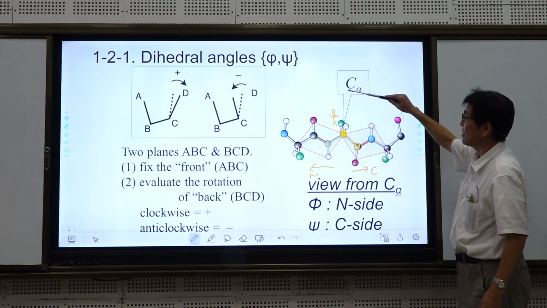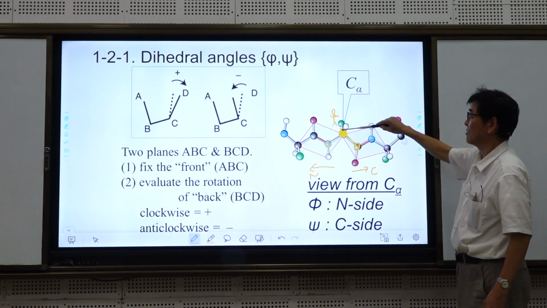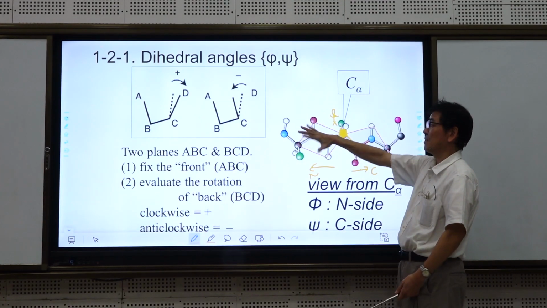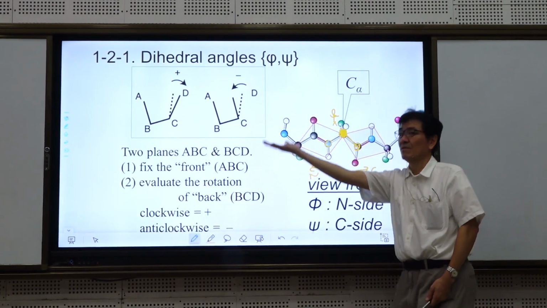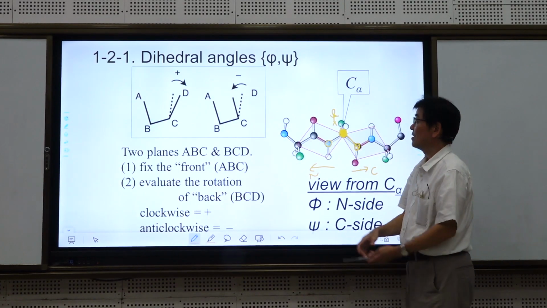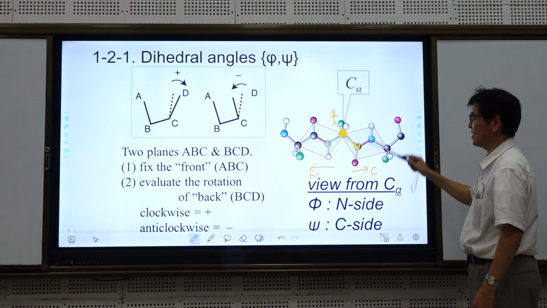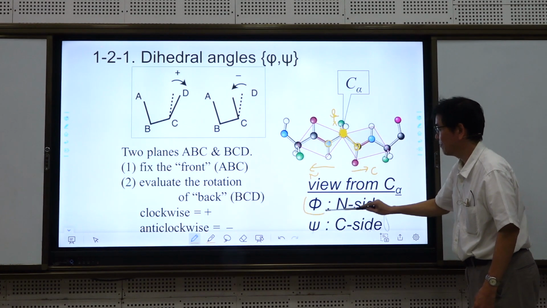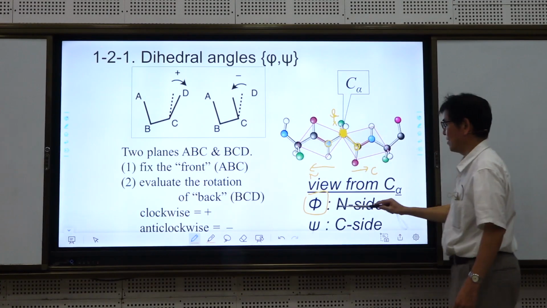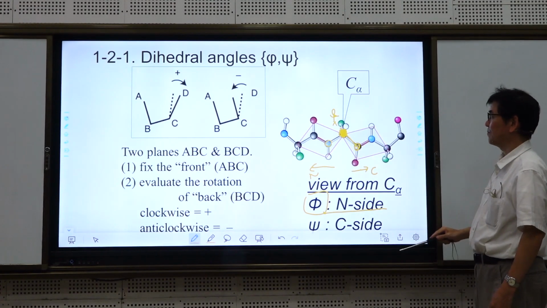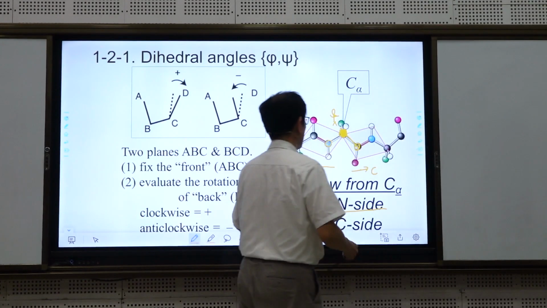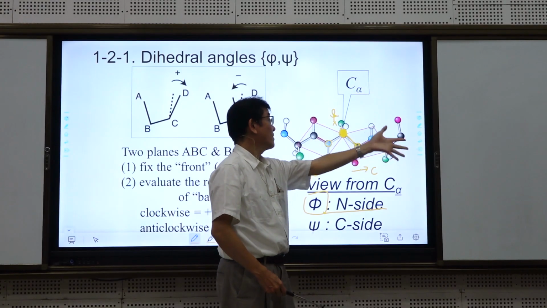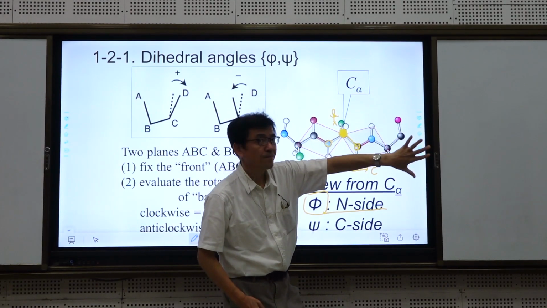So when we watch from this carbon, we can define the rotation angle or dihedral angle of this plane rotating. Then please use the parameter phi as a dihedral angle for the N side. Also, please stand on this carbon. Let's see the carbon side. Then this plane rotates.